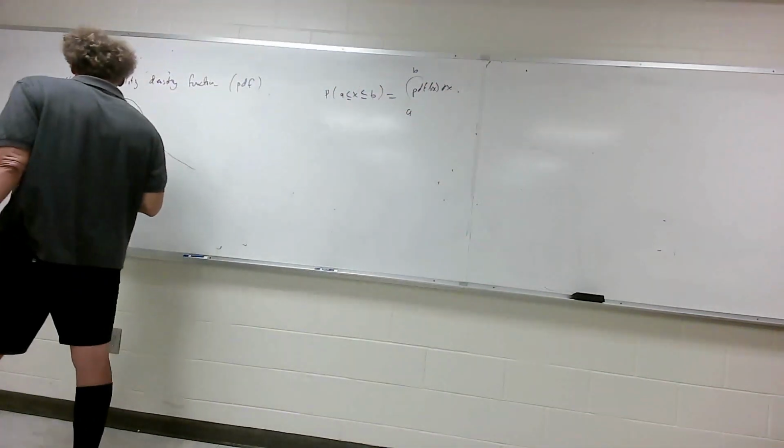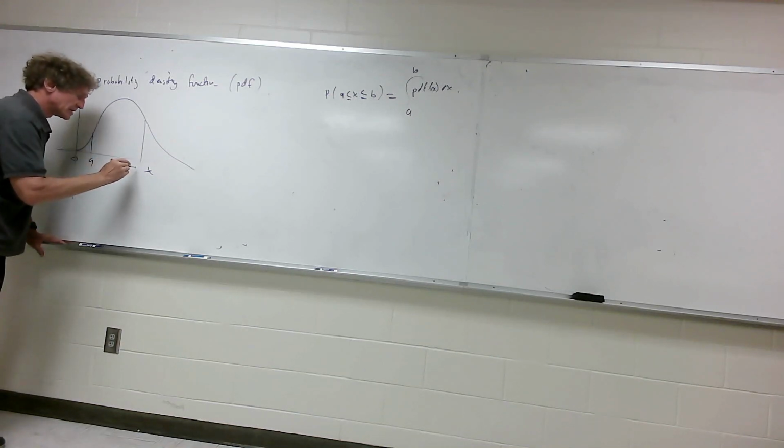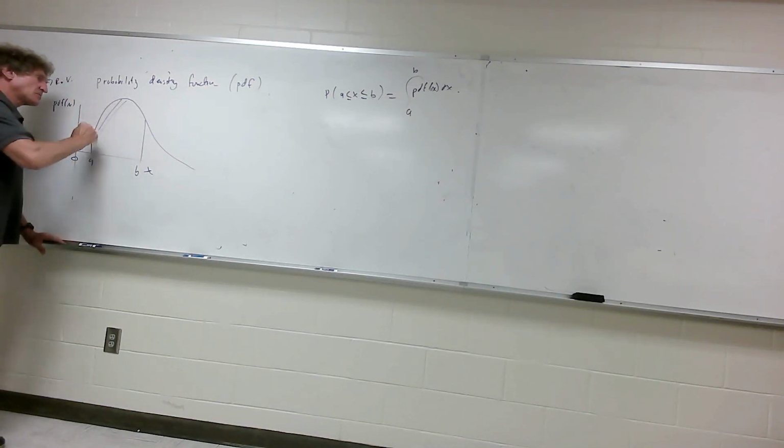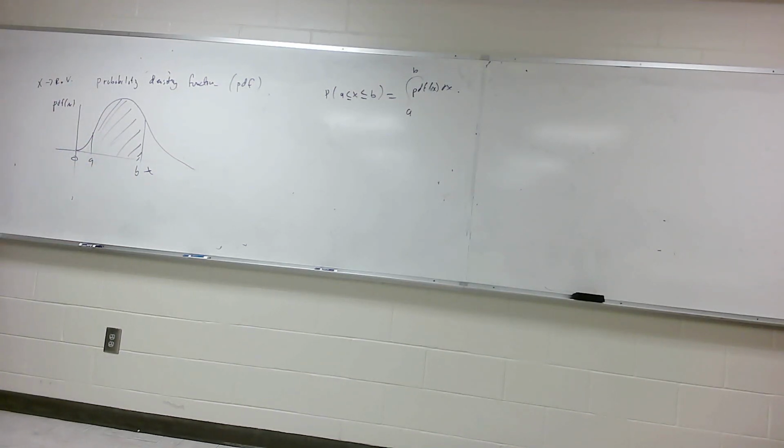So if this is a, and this is b, and I want to know the probability that the value of x is between a and b, it's simply the integral of the probability density function from a to b. It's a very straightforward idea.